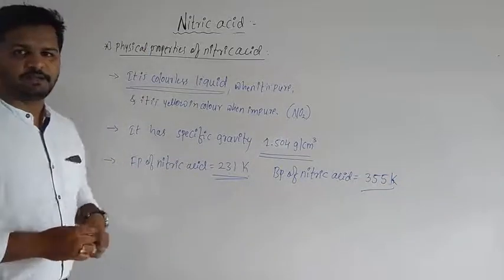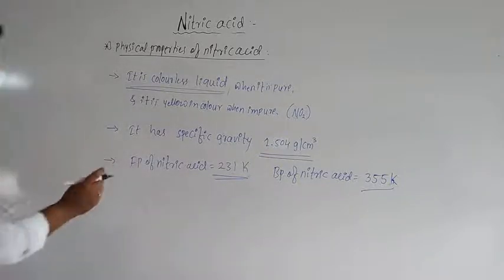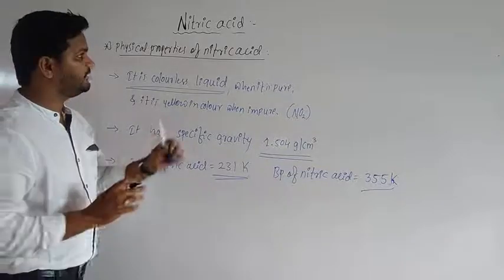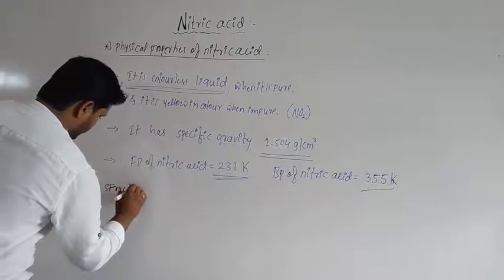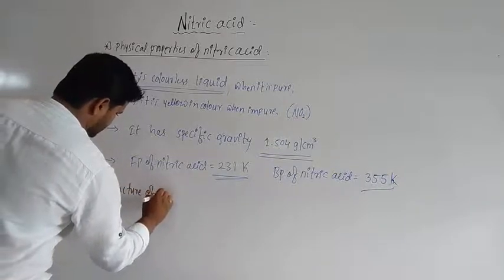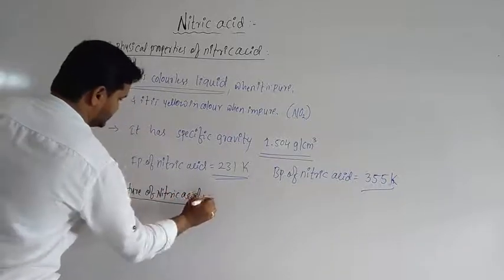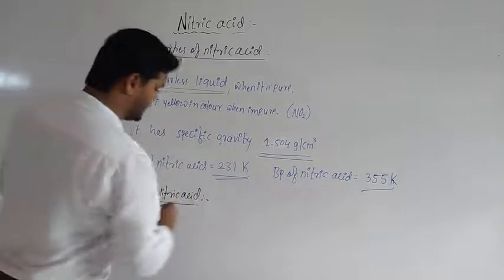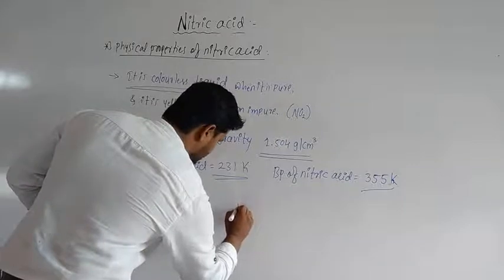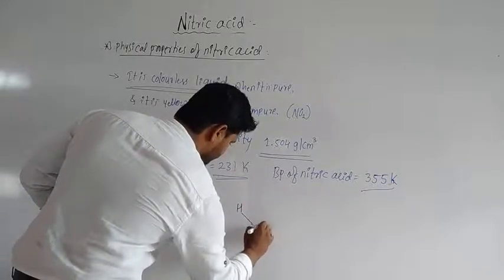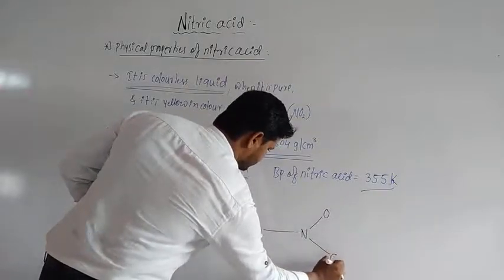And next one, chemical properties of nitric acid. Before going to that, I will draw the structure of nitric acid. In the structure of nitric acid, bond angle and bond length are important. The structure of nitric acid is like this: hydrogen, oxygen, nitrogen, and oxygen and oxygen.